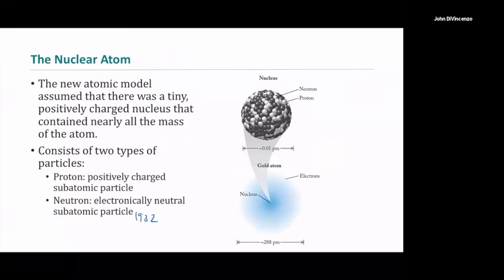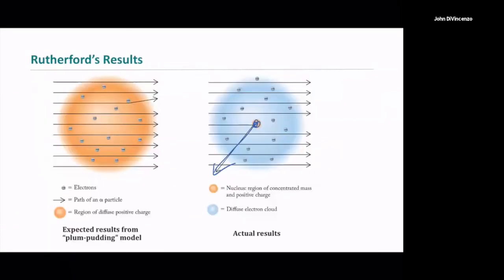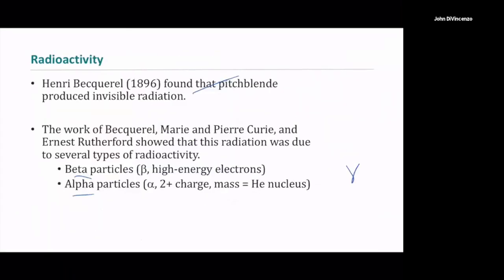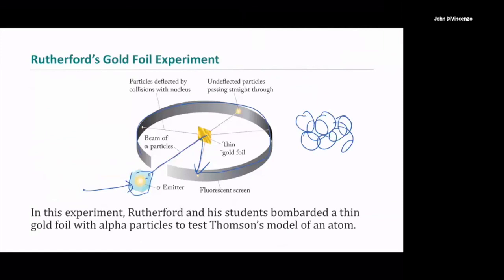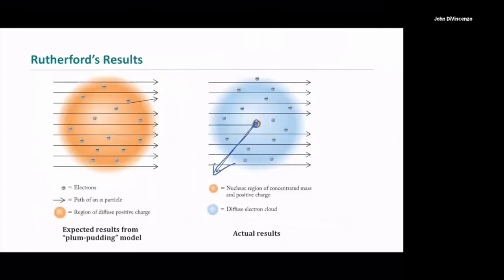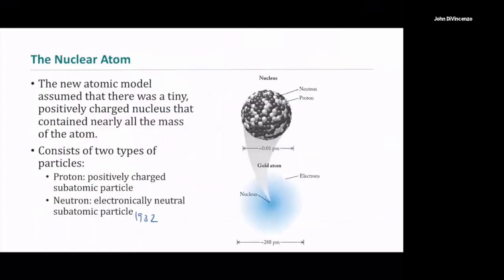And the proton was discovered by Rutherford also. I want to say, let's see, what year was this experiment? One of them's 1919. I don't know if it's the proton discovered or Rutherford's experiment here. That's just 1932, not 1982. It looked like an 8 for a second.